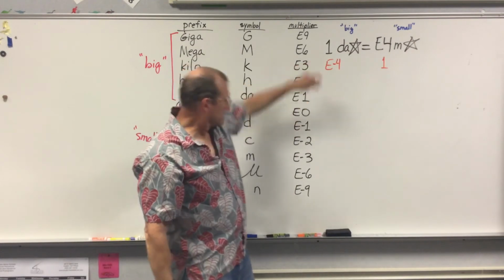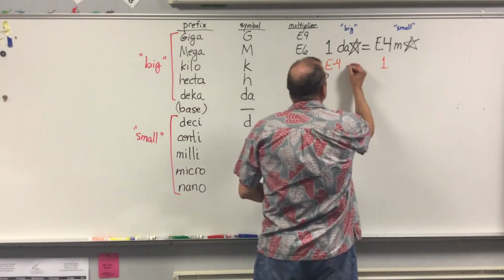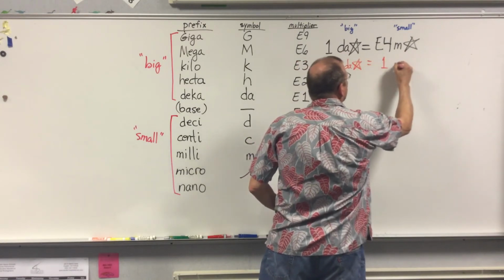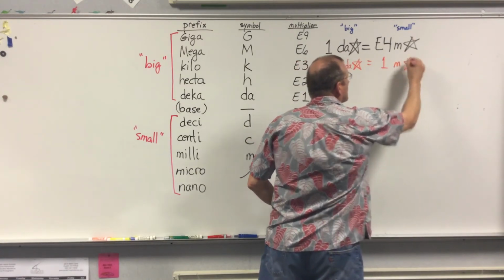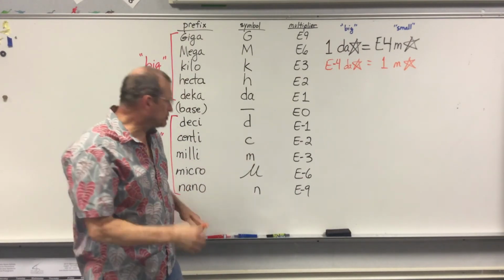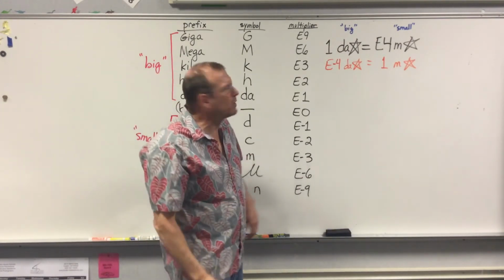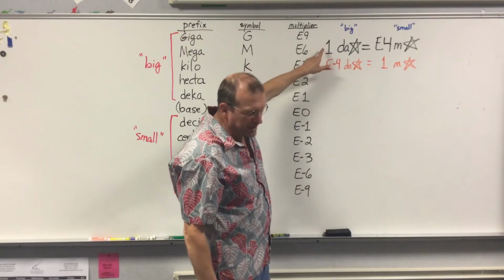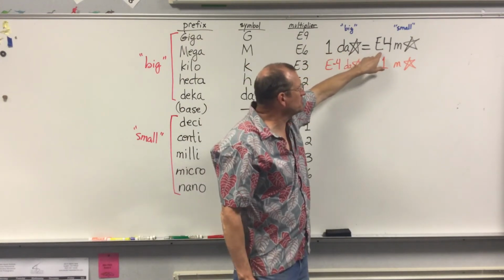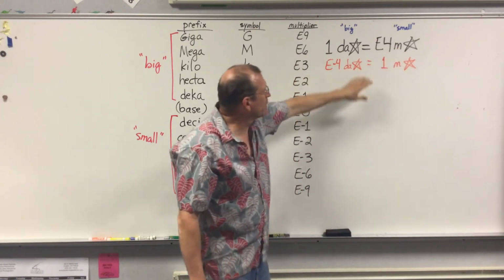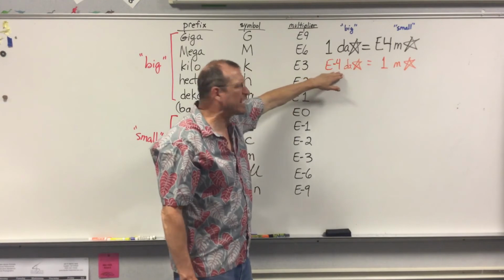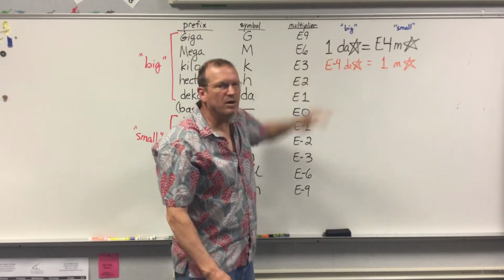I'll include the units here. Both of those conversion factors are correct. They are just expressed in different ways. The top one is one big thing is multiples of a small thing, whereas the bottom approach is one small thing is a fraction of a big thing.